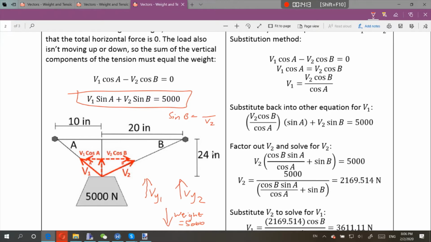So that would be V2's y component. Therefore, V2's y component is V2 sine B.